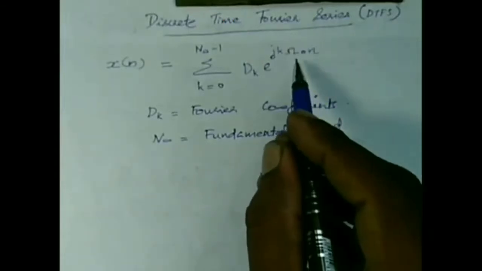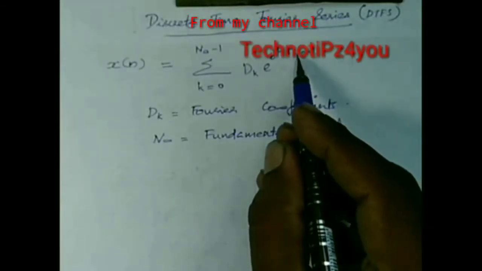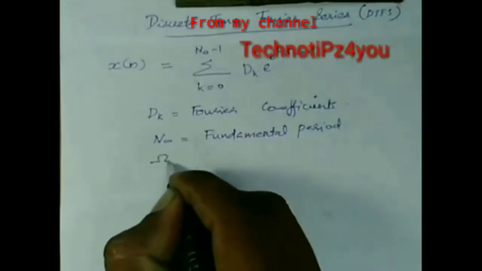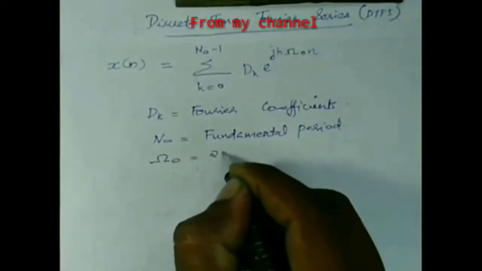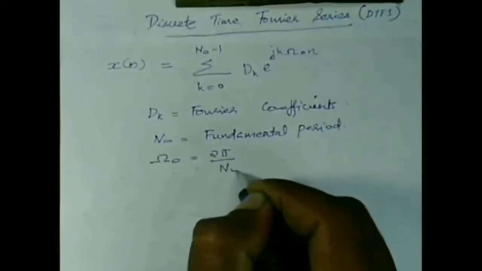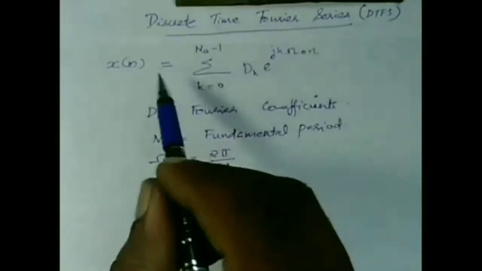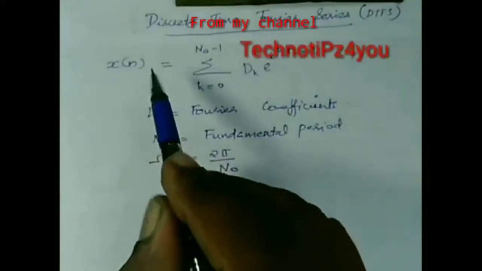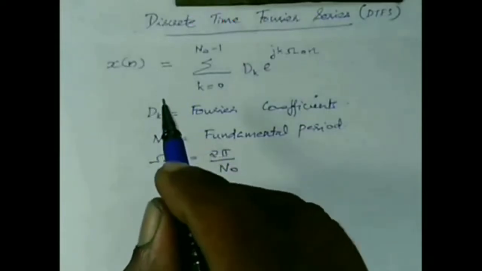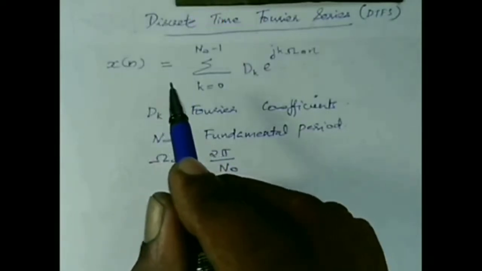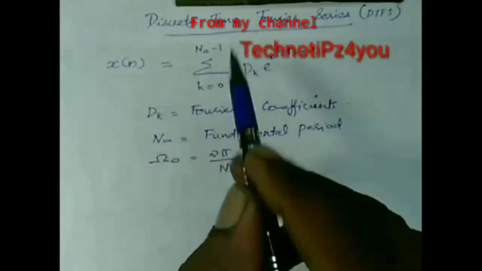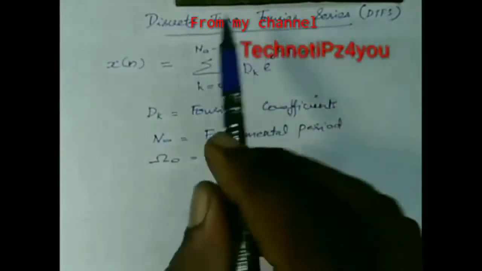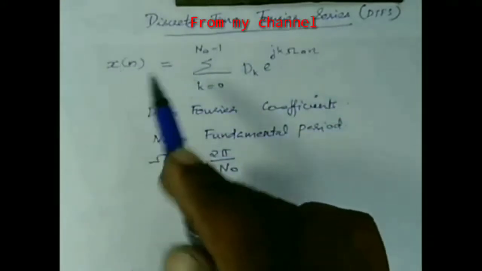One more thing is unknown here, that is omega 0. Omega 0 is equal to 2 pi by N0. This is the Fourier series representation of a signal x of n. Any discrete time signal x of n can be written or expressed using this equation.